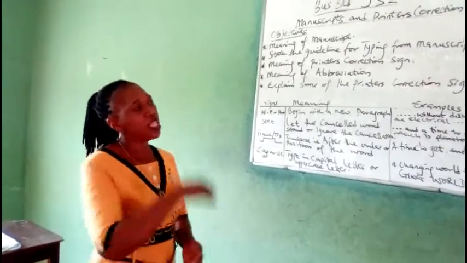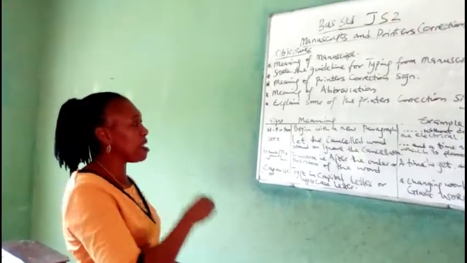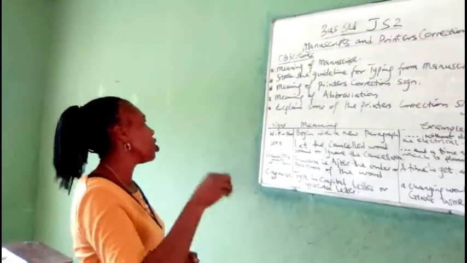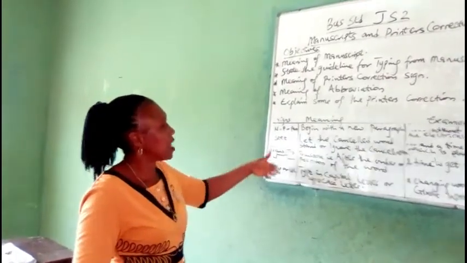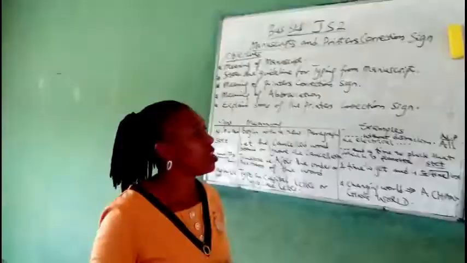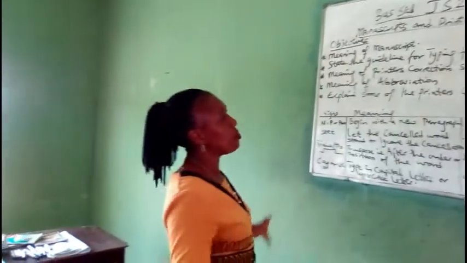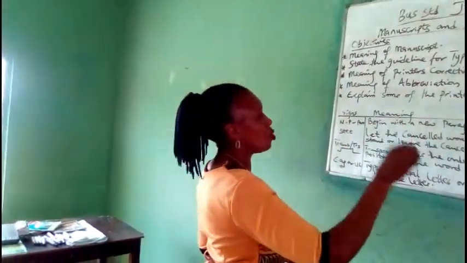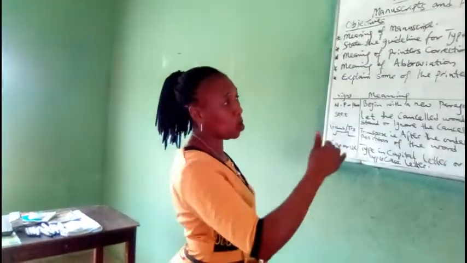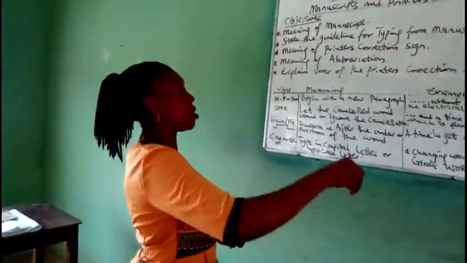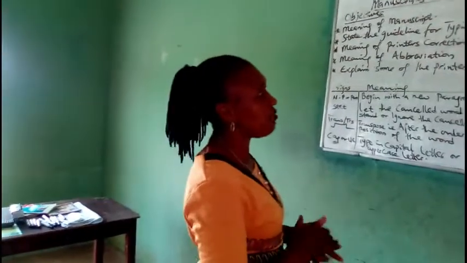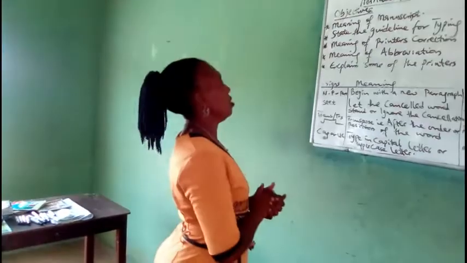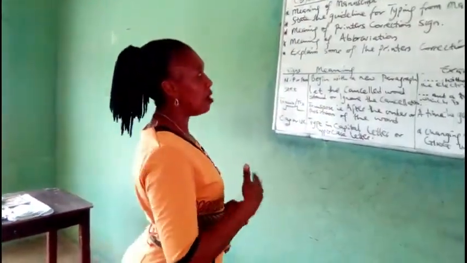As they are reading, they may see some things they need to correct and they will put the signs so that whoever will type the one they will print out will make those corrections. Or even the boss of the organization can go through your typed work and make some corrections before you do your final printing.